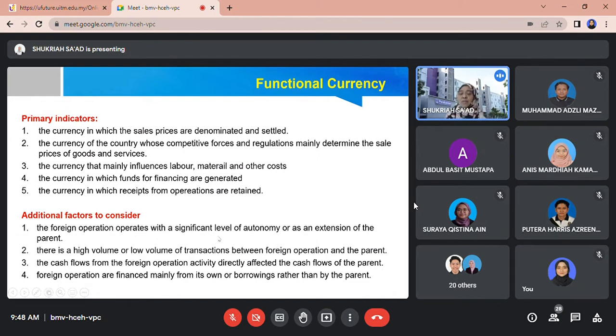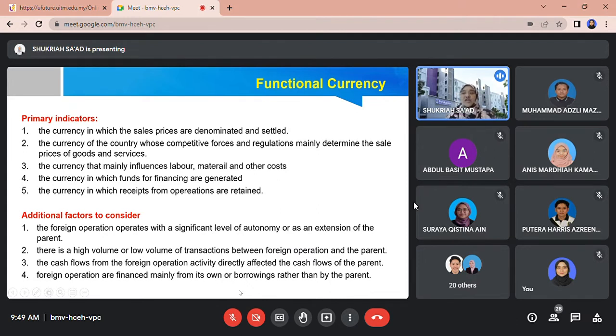Pertama, tengok kepada dia punya level of independency. Sama ada subsidiary tu depends on the parents ataupun tak depends on the parents. Kenapa tengok subsidiary? Sebab kita nak tengok dia punya foreign operation. Sebab sekarang ni, kita punya subsidiary berada di negara lain. So foreign operation.